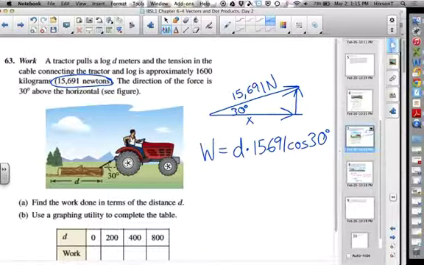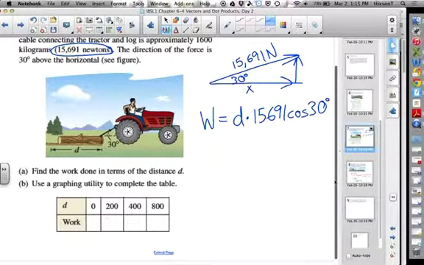That's our work in terms of d. But then how do you find d? Well, this isn't something that we're necessarily solving for, because in the next part they say find the work done if we pull it nowhere, or 200 meters, or 400 meters, or 800 meters.